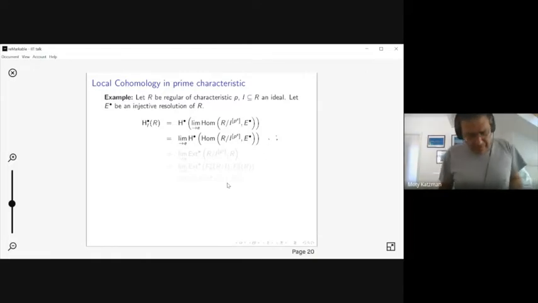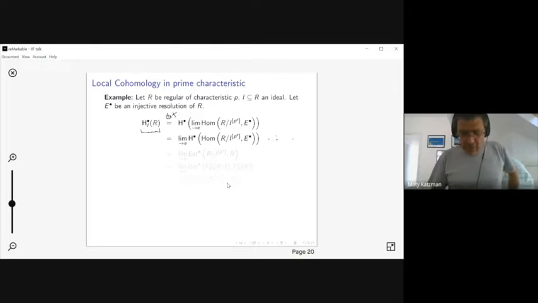So let's see where we stopped. I want to compute these local cohomology modules. Here's the definition. We end up looking at the cohomology of a direct limit, and I claim that that's the same thing as the direct limit of the cohomology. And then we look at what's inside the cohomology now.